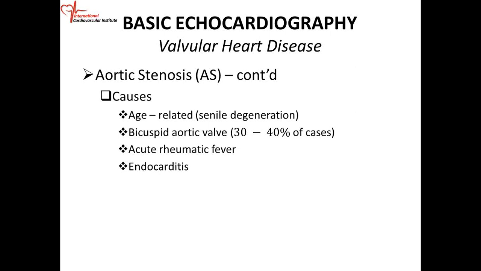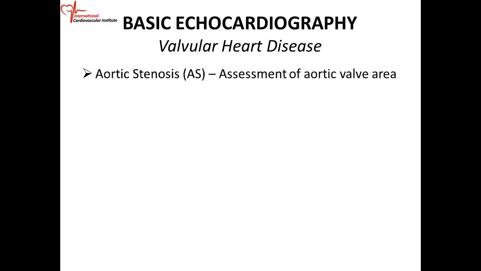Acute rheumatic fever can also cause aortic stenosis, and worldwide this is the most common cause for aortic valve replacement. Yes, rheumatic fever. Endocarditis, because vegetation obstructs the valve, can also give you aortic stenosis.